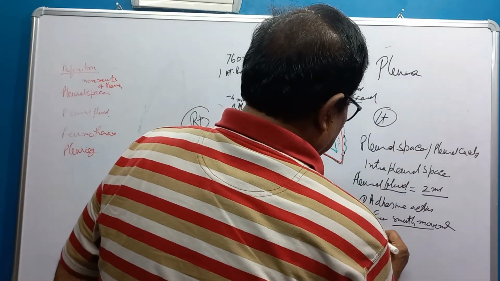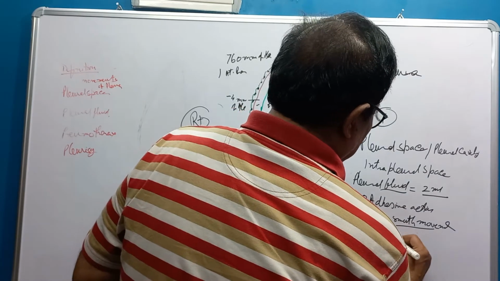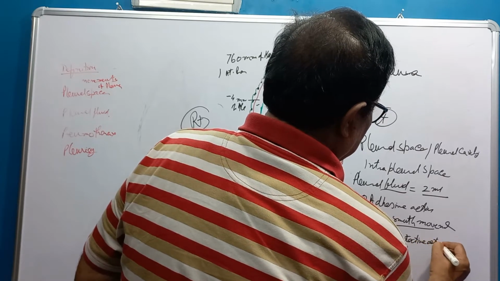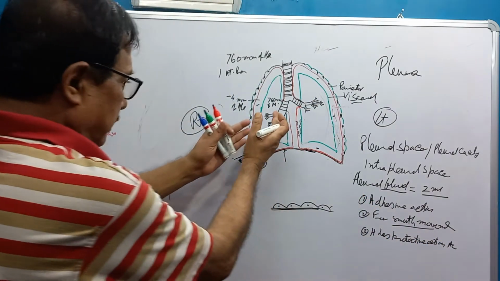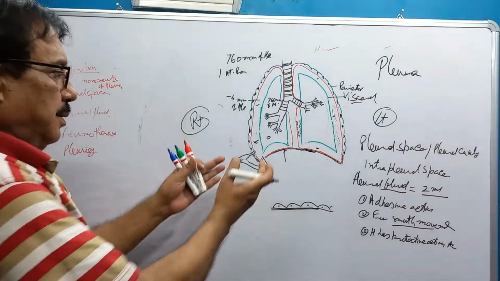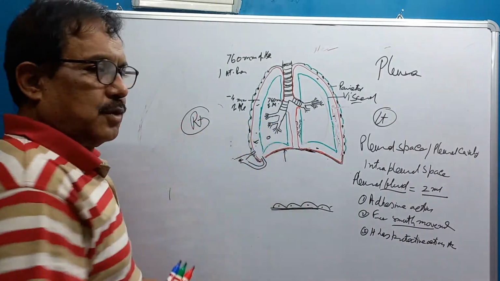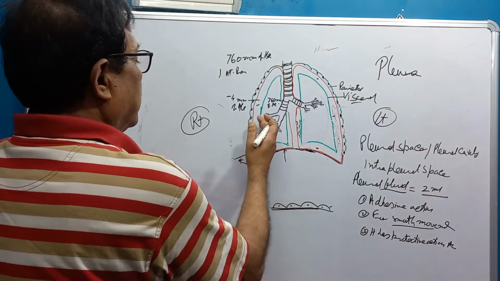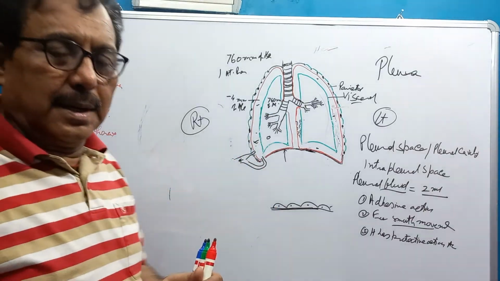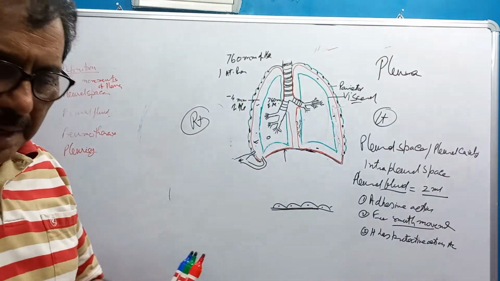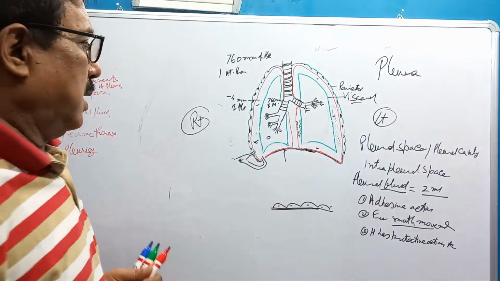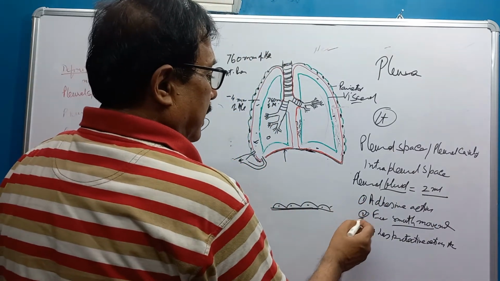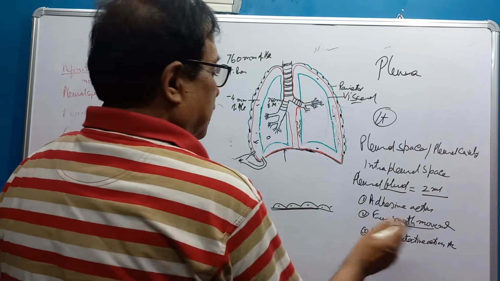Number 3, it has protective action also, so that the soft lung tissue cannot collide with the thoracic cavity or thoracic wall. If it is not present, the lung may collide during expansion with the heart and chest wall. This is protective. So pleural fluid: 2 ml, adhesive action, free smooth movement of the pleura, and protective action.